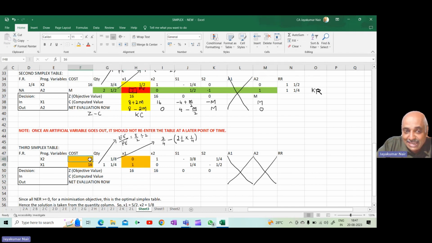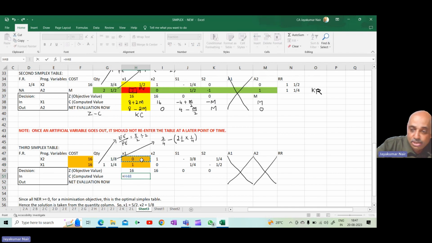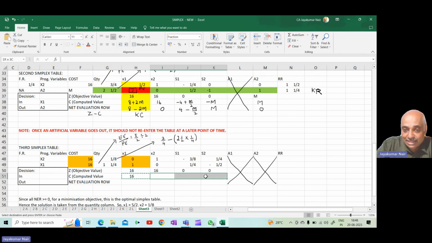So it'll be 0 into 16 plus 1 into 16. This is what you need to do for all the other cells. For the second one, it'll be 16 into 1 plus 16 into 0. The third one will be 16 into minus 3 over 8 plus 16 into 1 by 4.